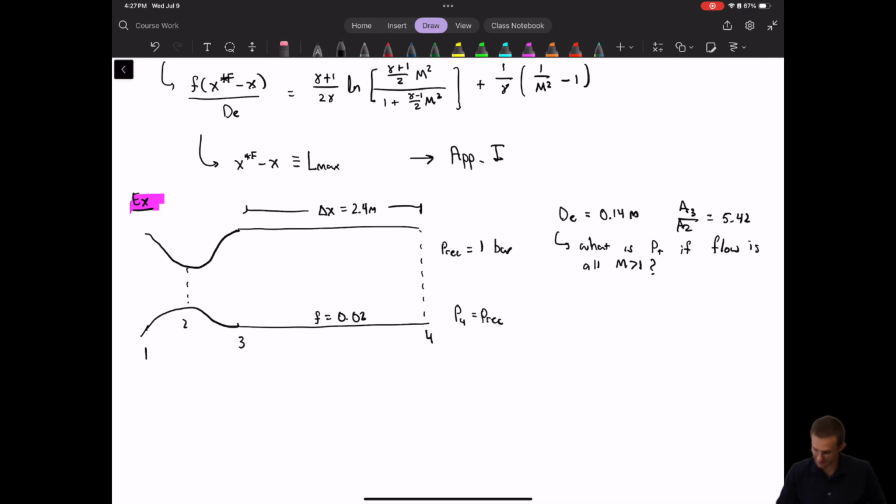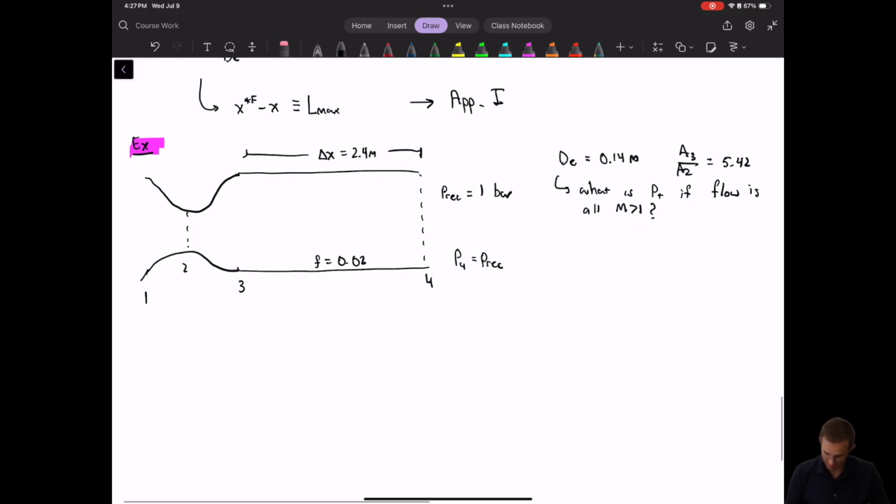So knowing what A3 over A2 is, essentially gives us the Mach number at station 3, which is 3.26, right? That's our third critical operating condition.